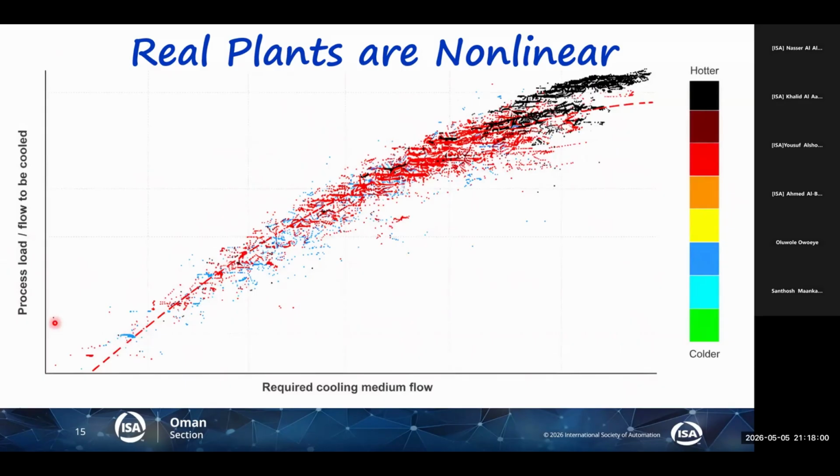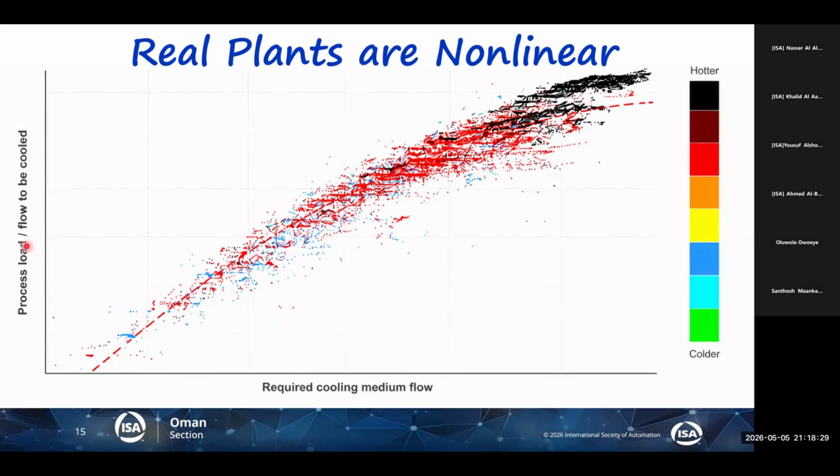On the x-axis is your cooling medium, basically. These are data points over a few years. And this one here is the temperature. This temperature is affected by both, of course, at the outlet of the exchanger. This is the temperature of the process load at the outlet of the exchanger.